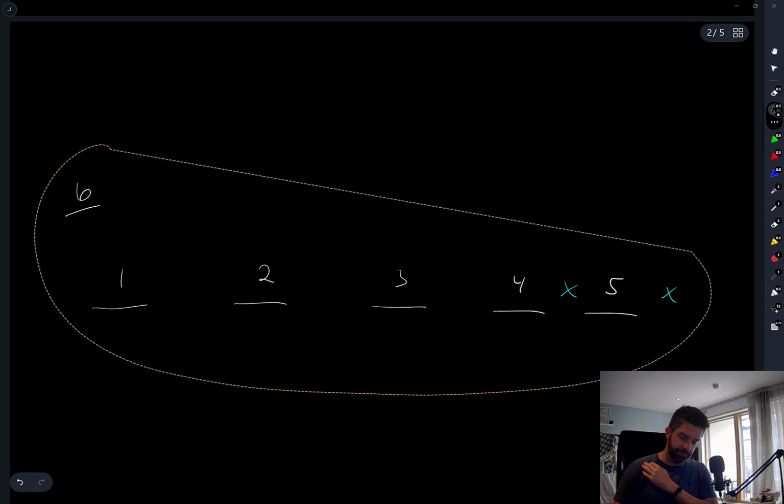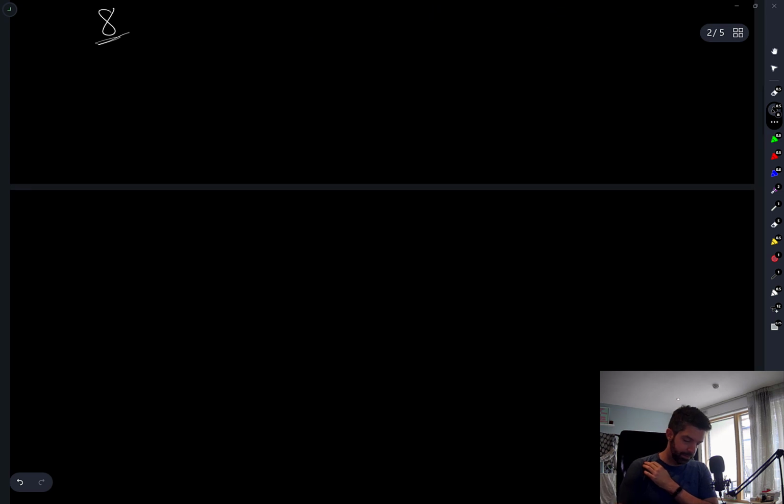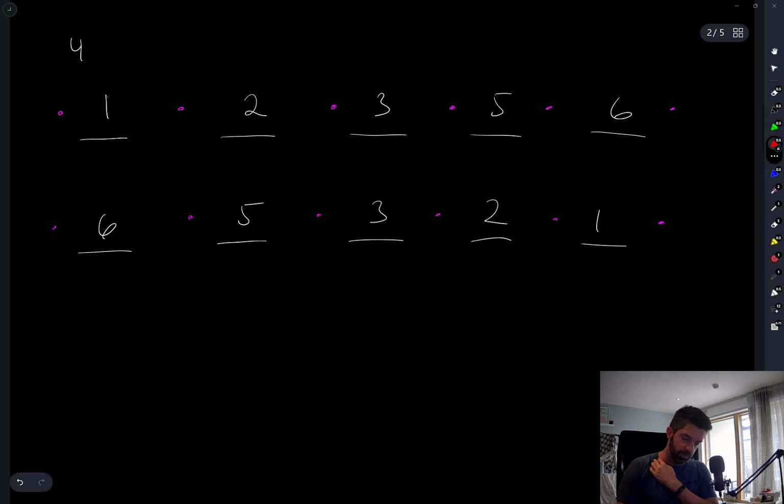Let's go up to 4. For the remaining ones, it might still be 8. So that's gone and that's gone because those would be the standard order.